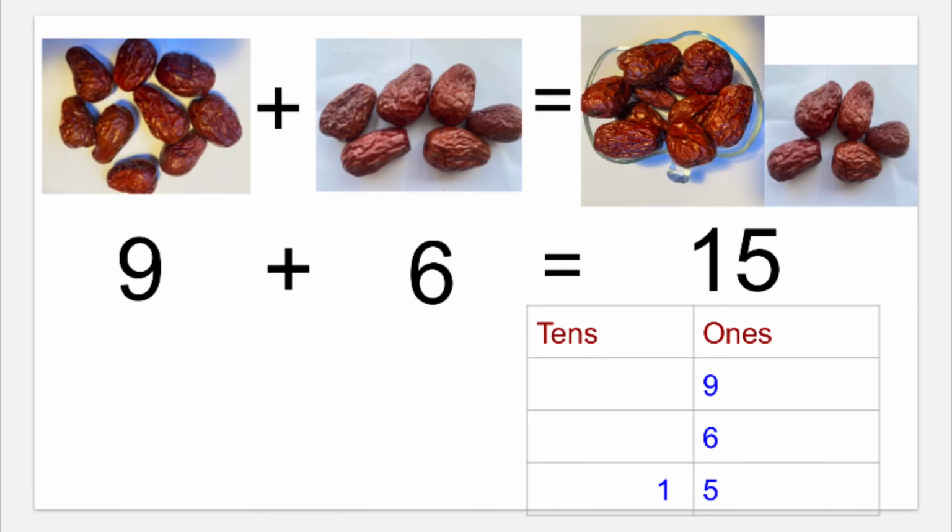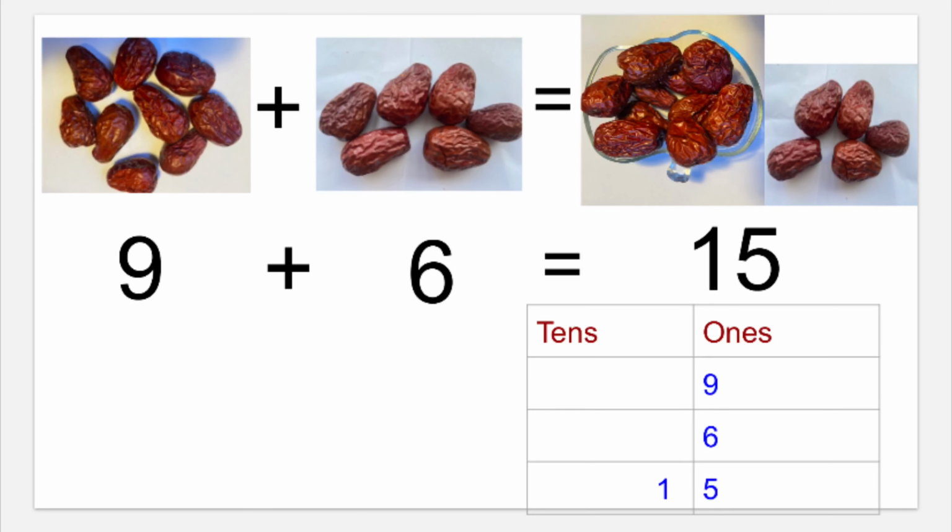Friends, if you take a look at the picture now, we are adding two numbers shown by dates. Those numbers are ones: one is 9, another is 6. When you add them up, we get 15. You see five dates on the ground, but then we put ten in a tray.